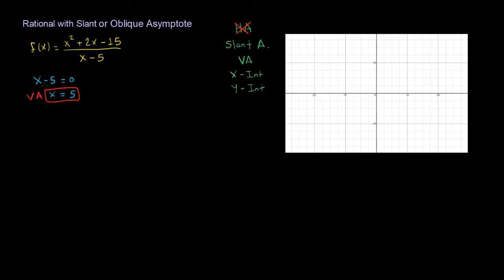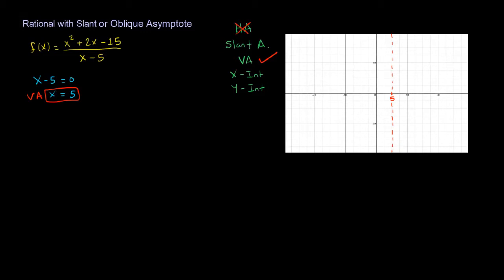This is my vertical asymptote. So number 5 would be around here. I'm going to draw my vertical asymptote here as nicely as possible. Sorry, I'm not much of a drawer, as you can see. Okay, there it is. That's my super nice vertical asymptote.